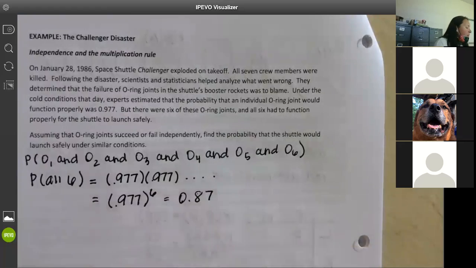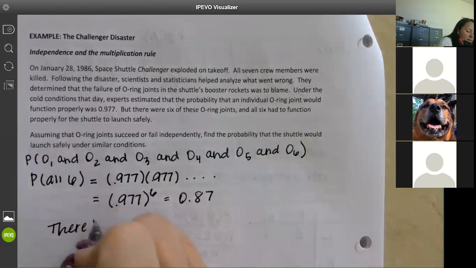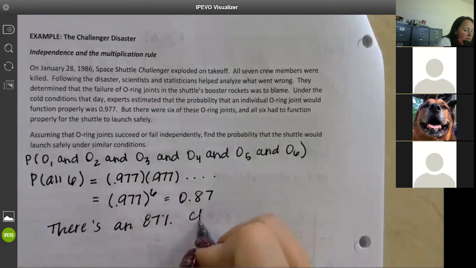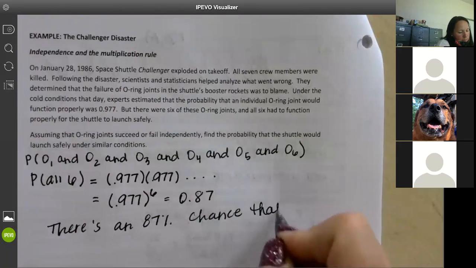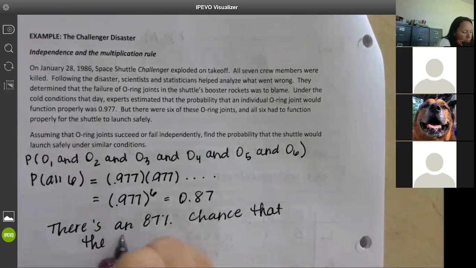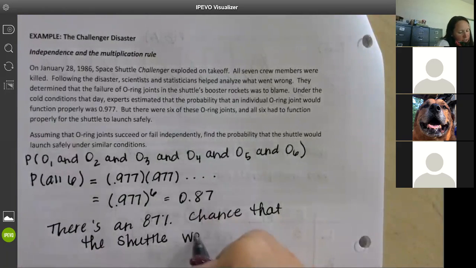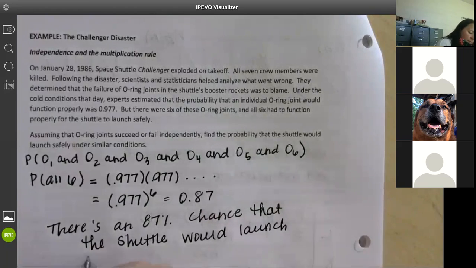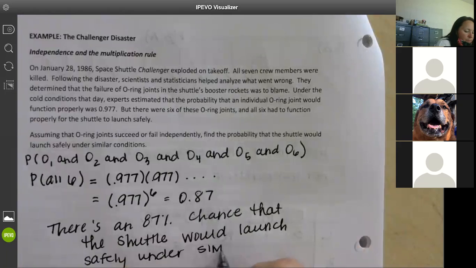When we put it in our calculator, we get 0.87, which means there's an 87% chance that the shuttle would launch safely under similar conditions.